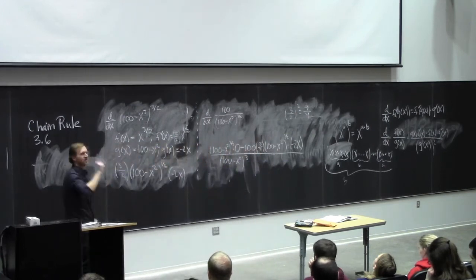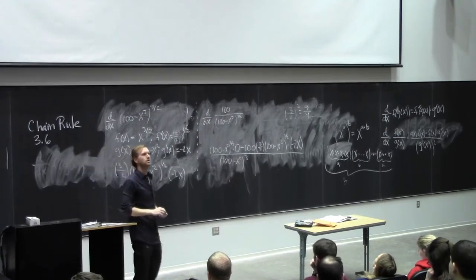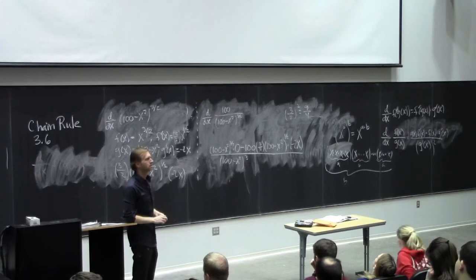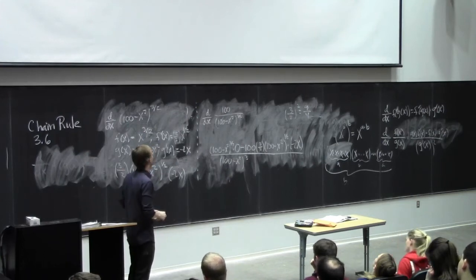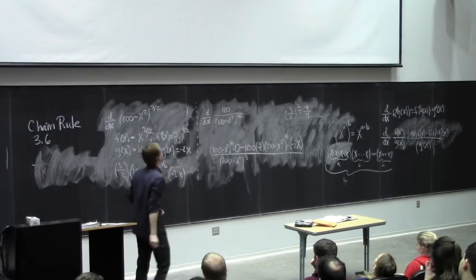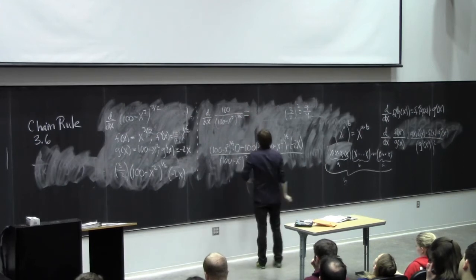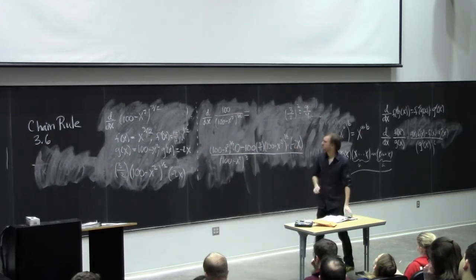Somebody asked me why I didn't just use the chain rule at the beginning, like the x cubed over x squared plus 9 one. Why did I do the quotient rule first?